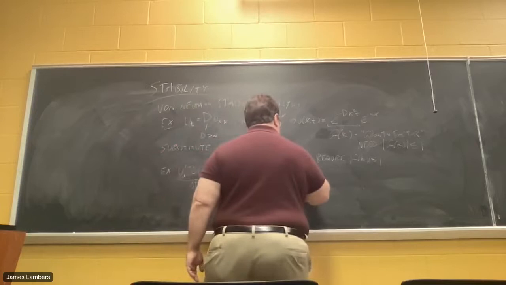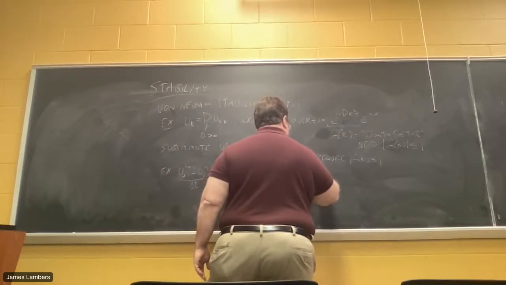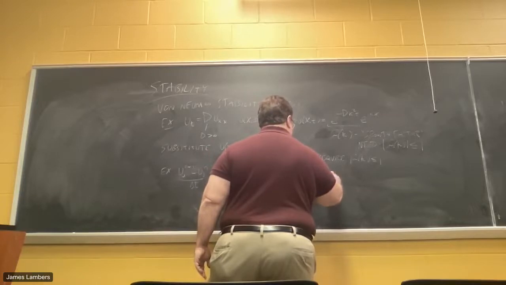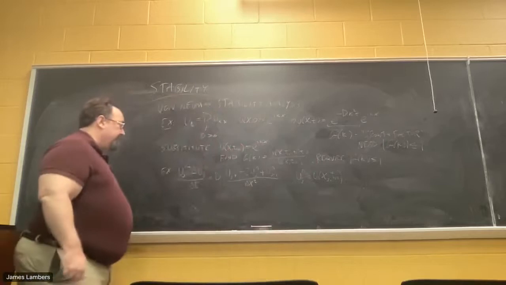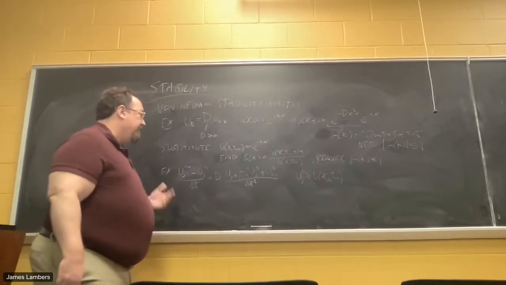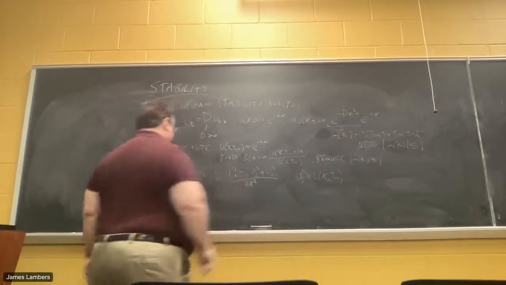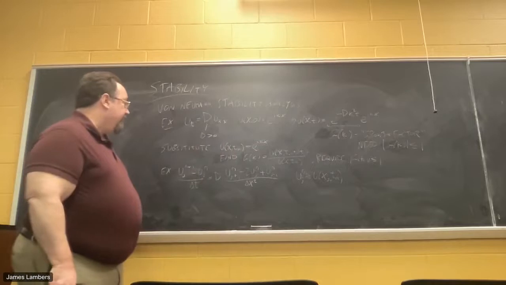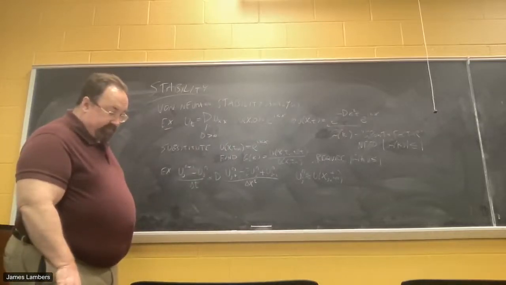So U_j^n is our approximation to u(x_j, t_n). So the subscript corresponds to an x value, and the superscript corresponds to a t value. Whoops, forgot the n here.